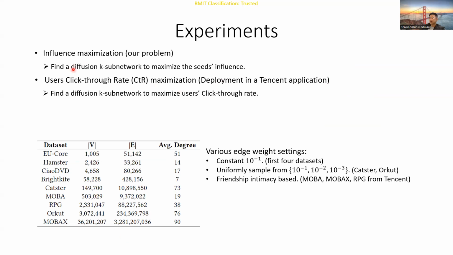In the experiments, we consider two parts. The first one is influence maximization, and the second one is user click-through rate maximization. For the first one, we consider various edge settings, including a constant setting, uniform sampling settings, and a data-driven one, which is based on friendship intimacy.